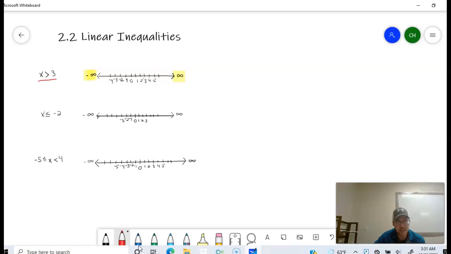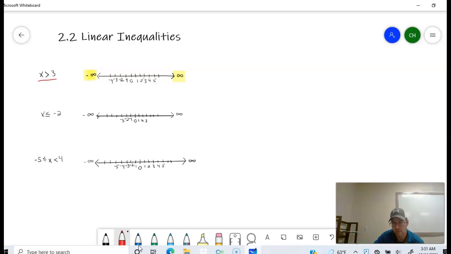What makes it an inequality is that you're not going to get one solution. There's going to be a lot of different numbers that could apply. For example, if x is greater than 3, x could be 4, x could be 5, x could be 1,000, x could be 3.1. So there's a lot of different things that it could be. What we do know is it's not 3 because it's greater than 3, and it's not less than 3.